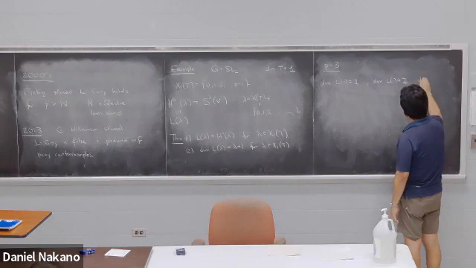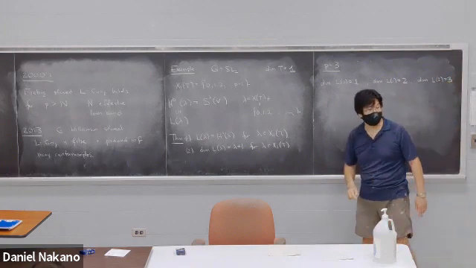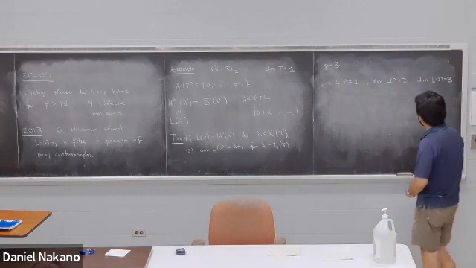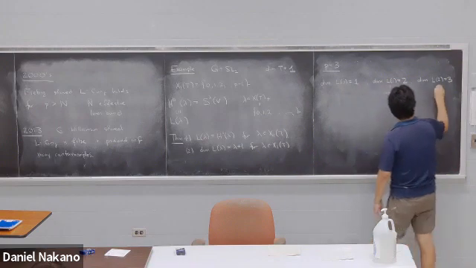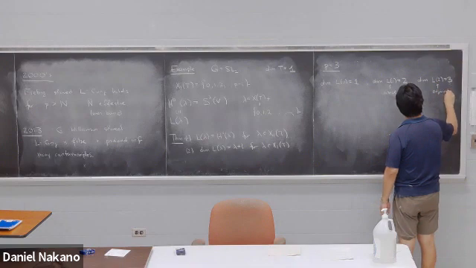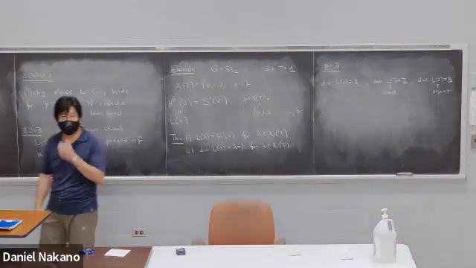And the dimension of L2 is equal to 3. Remember, this is the natural representation, and this turns out to be the adjoint, the Lie algebra, which is 3-dimensional.